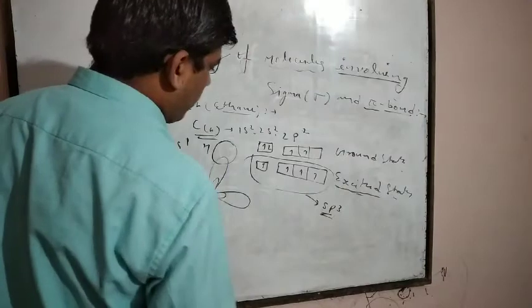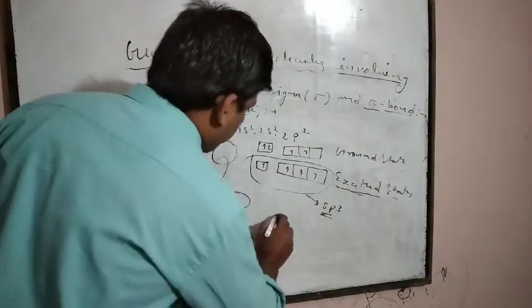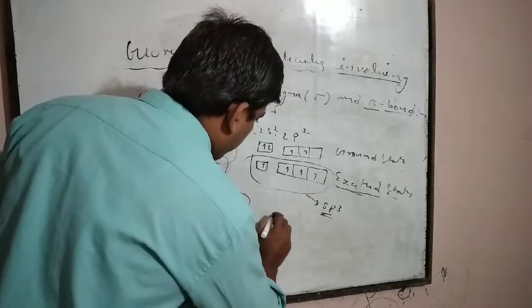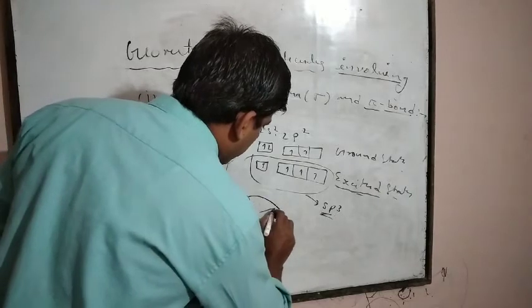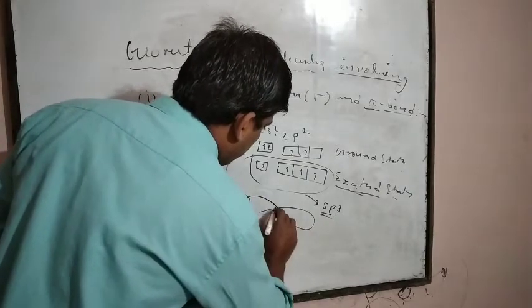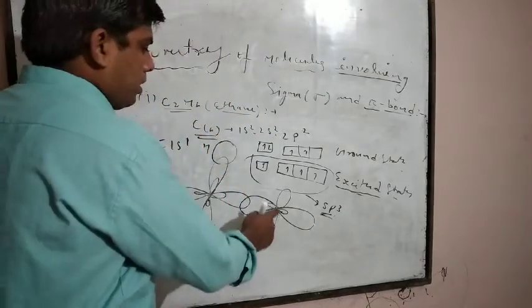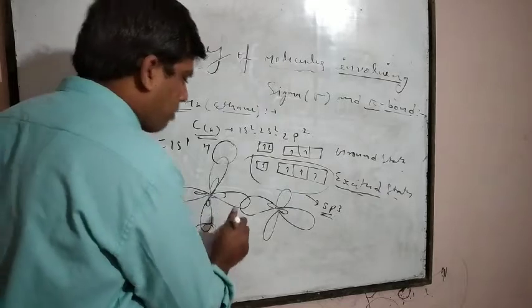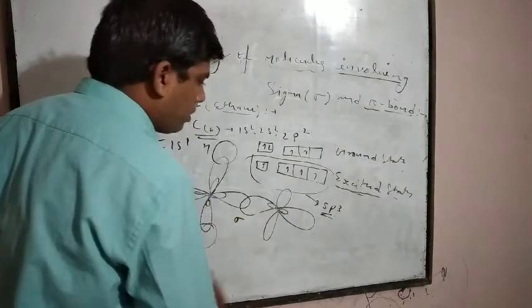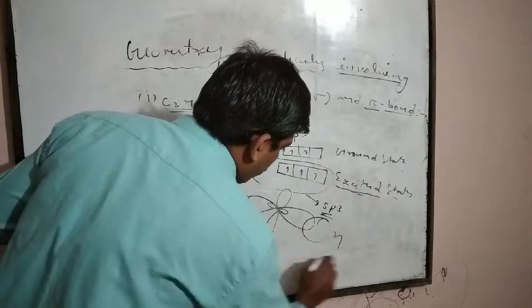Similarly, the other carbon atom also has 4 hybrid orbitals, and each orbital overlaps like this. This hybrid orbital of carbon overlaps with this hybrid orbital of the other carbon and forms a sigma bond, and the other 3 hybrid orbitals overlap with hydrogen.